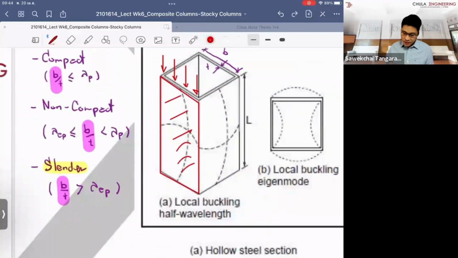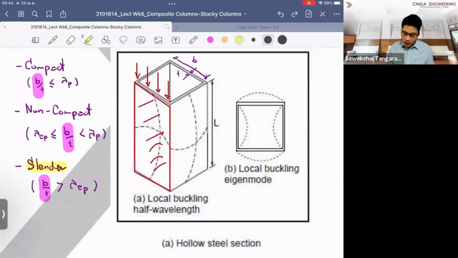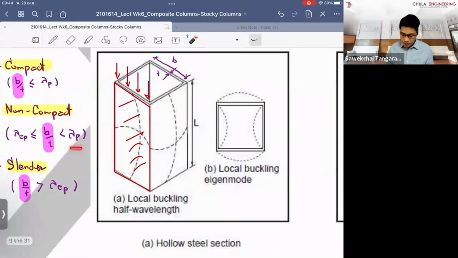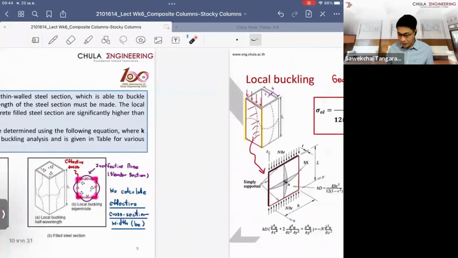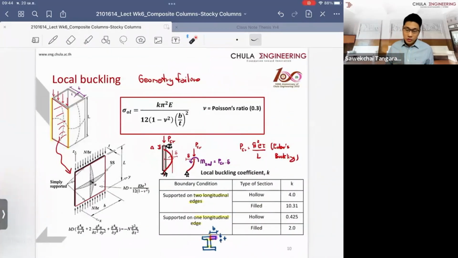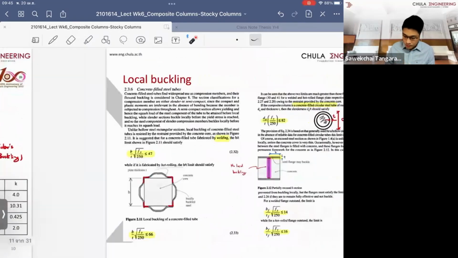Yes, they classify the section as compact, non-compact, and slender. The limit they use is the one we have here, and you can find that in the steel code. We use it quite similarly, except the value is different to take into account the confinement or buckling restraint of the steel.